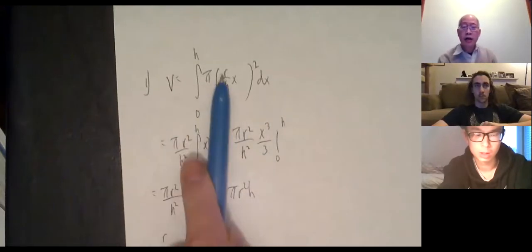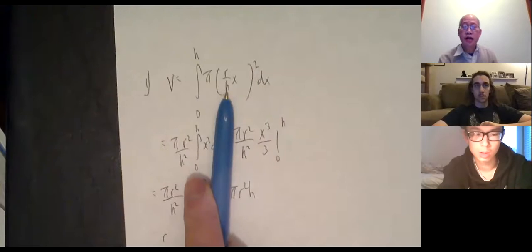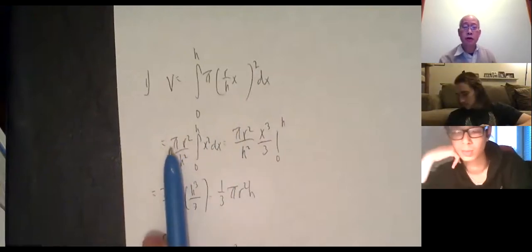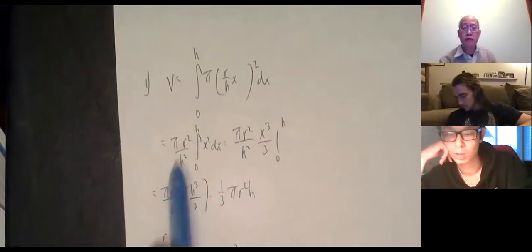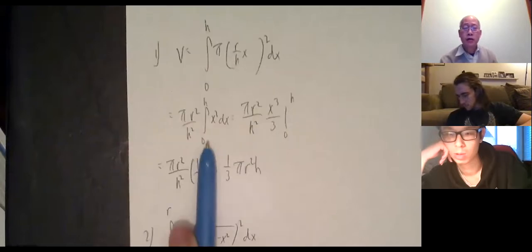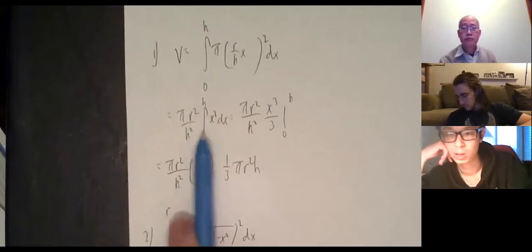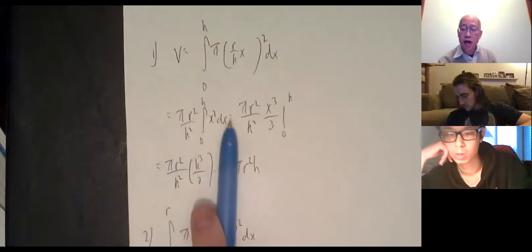Take out the pi. r squared over h squared being constant, that gets to come outside. So pi r squared over h squared, integral of x squared dx from 0 to h.